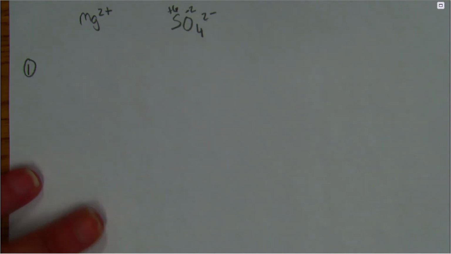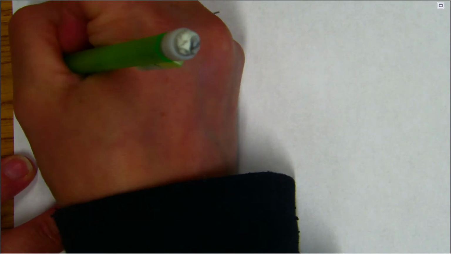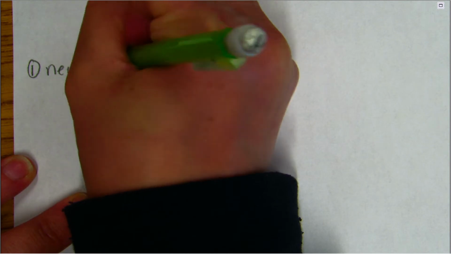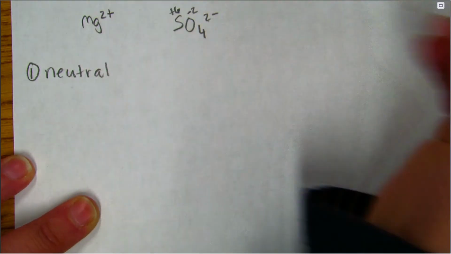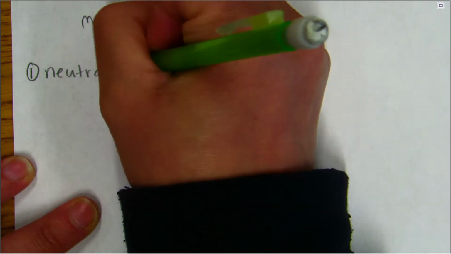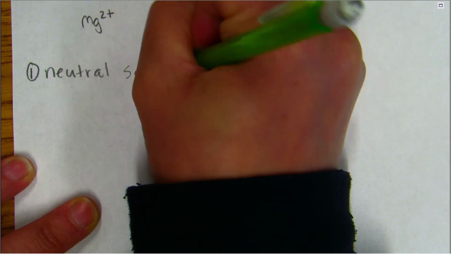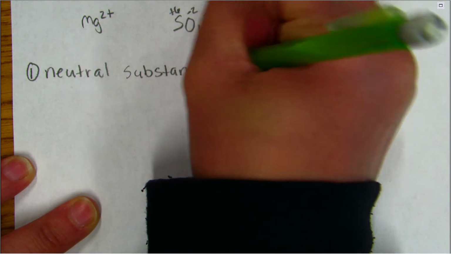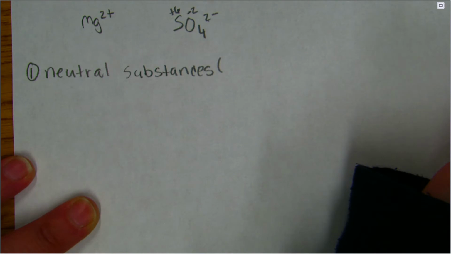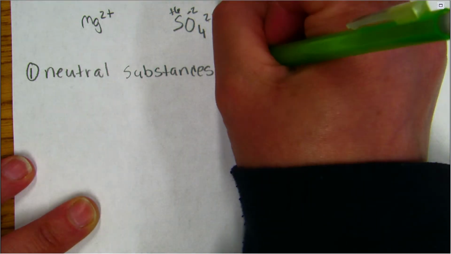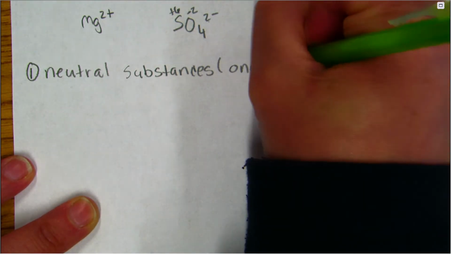All right, so neutral substances, we're going to give a 0. An example of a neutral substance would be something that has one element.